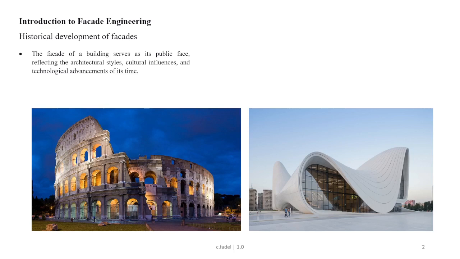The facade of the building is the public face, embodying the aesthetic and cultural values of its era. So we have the ancient era, and then we have the contemporary, like what we said.